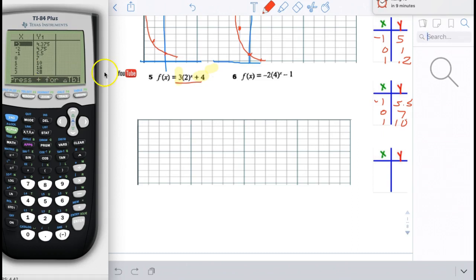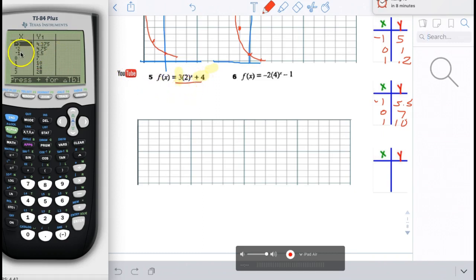And the reason why is because the 2 to the x, 2 to the 0 becomes 1, but it's multiplied times 3 and then added 4. So you end up with 7 instead of 1, right? So the only reason why you're going to have 0 comma 1 always is if you have a simple function that has a base and exponent, it doesn't have a multiplier in front, doesn't have something added here like we do here. Okay, 1 comma 10, we wrote that down.